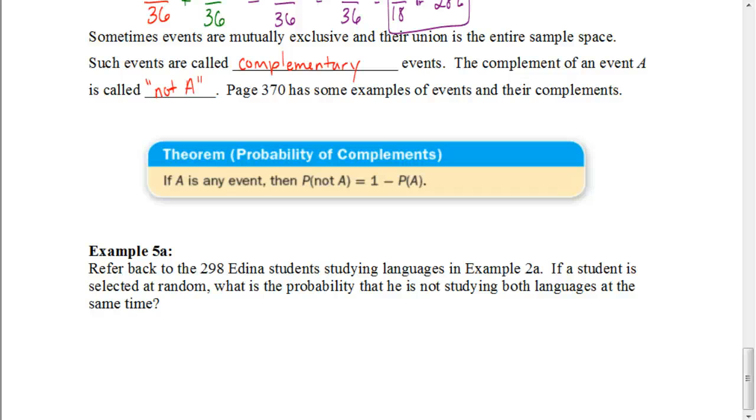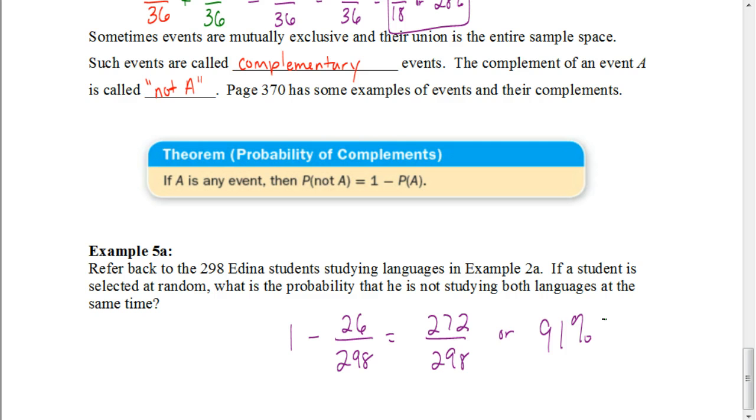So I could take 1 minus 26 out of 298, and that gives me 272 over 298, or as a percent, about 91%. So about 91% of the students do not study both languages.